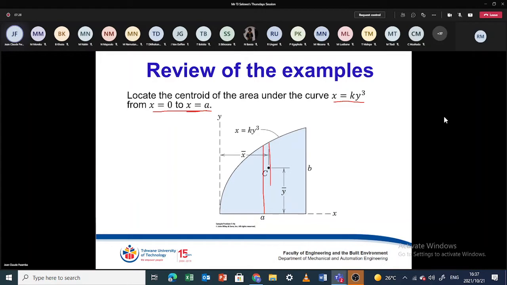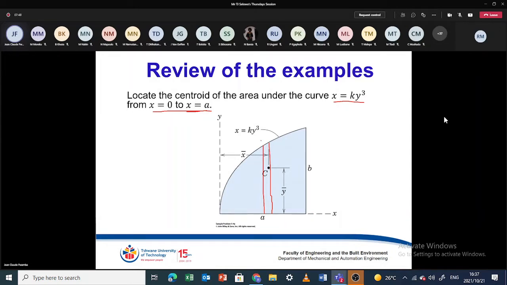So that is the piece which I'll work with. So that's my differential element, right? So meaning if I move it from 0, or based on the instruction which I was given, I have to move from 0 to A in order to cover the entire area, right?